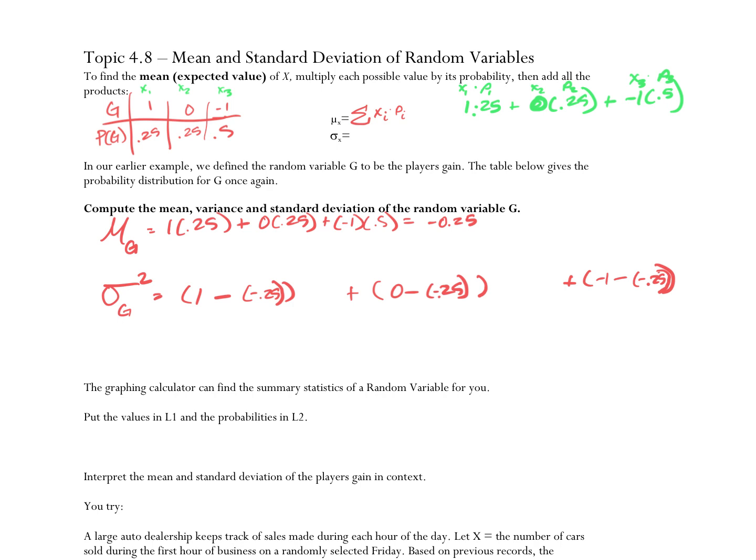Now, those distances, are they all equally represented? In other words, do we have as many 1s as we do -1s? 25% of my observations are going to be a 1. 50% of my observations are going to be a -1. So are they equally represented? No. So what we do to accommodate for the fact that they're not equally represented is we multiply by the probability.